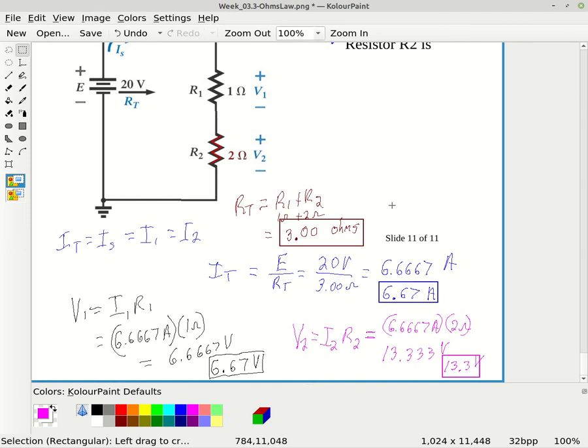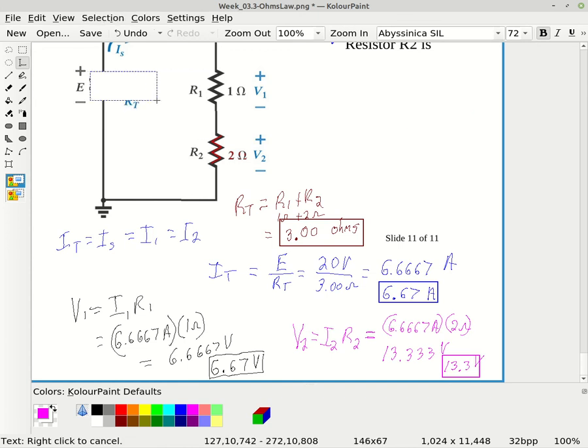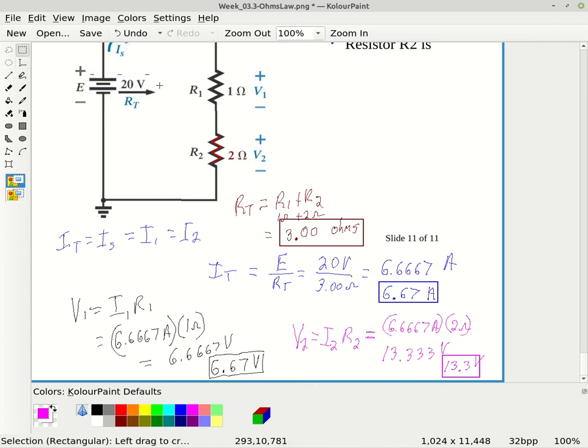All right, so now remember we had 20 volts supplied. Over here we got 6.67 volts, and over here we have 13.3 volts. Let's take a look and add those up. We can't have any more voltage than what was supplied, right?